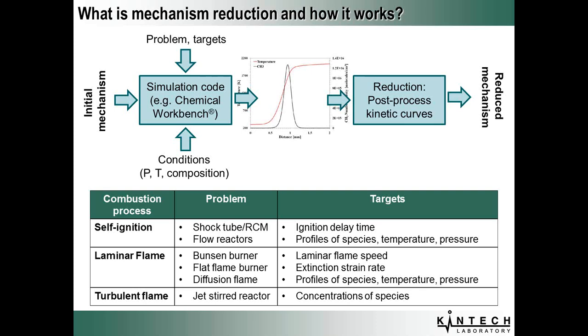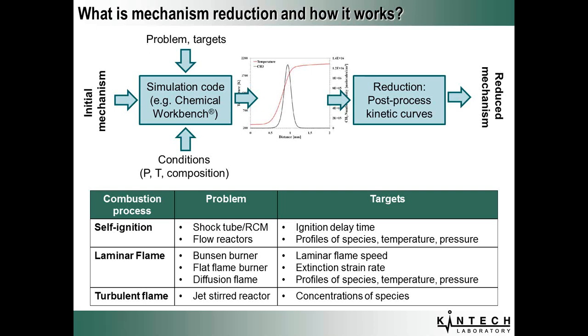Then you have conditions at which you need to simulate this problem. So you need to provide pressure, temperature, and composition of the reactive mixture. The last thing which is necessary for your simulation is a kinetic mechanism of the chemical reactions taking place in your system. So there are three parts which you usually have for simulation of your problem.